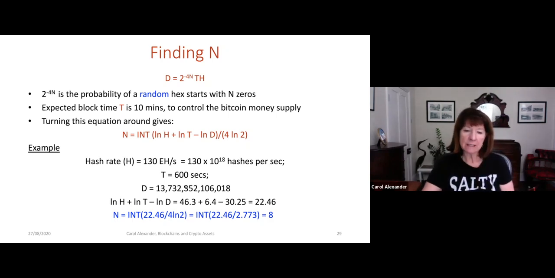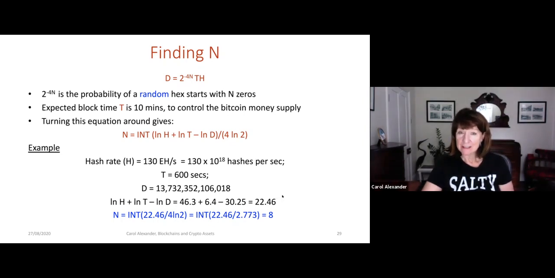So anyway, taking logs reduces the size a lot. The log of 130 times 10 to the 18 is only 46.3. The log of t is 6.4, and the log of d is 30.25. So if we do this sum here, we get 22.46. And if we divide it by 4 log 2, which is 2.773, the integer part is 8.